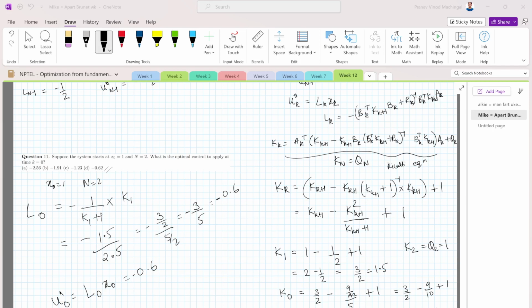Once let me check in the textbook, dynamic programming. I have the textbook. This is this quadratic part, right?